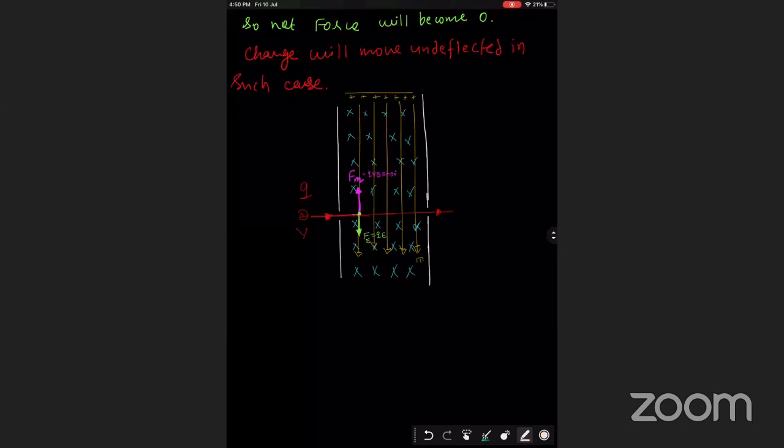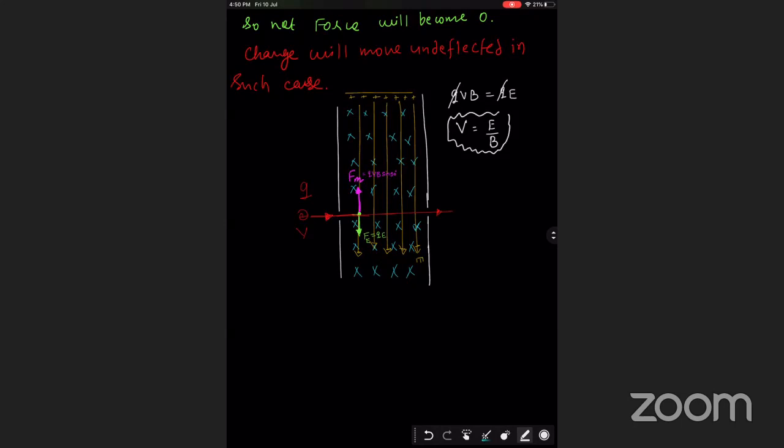What I mean is, if the upward and downward forces are the same, then we can say QVB is equal to QE, right? Can we say this or not? Yes, sir. Q and Q will get cancelled. So what is the velocity? E by B.